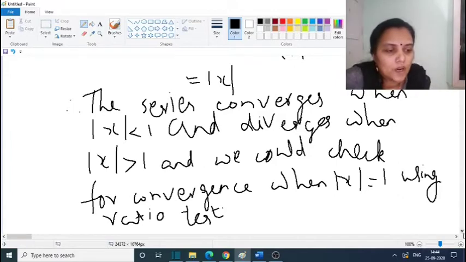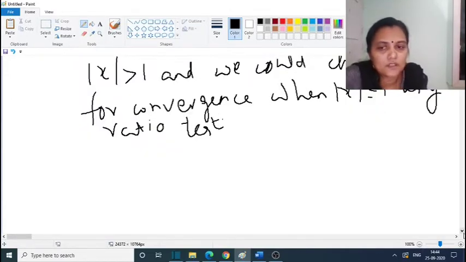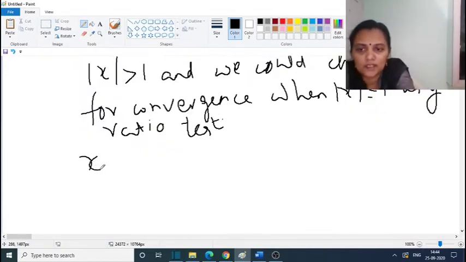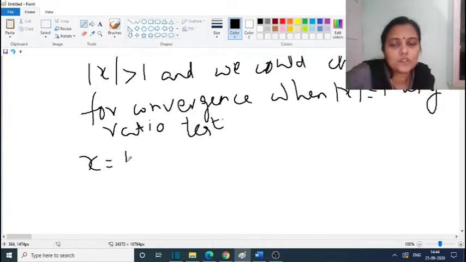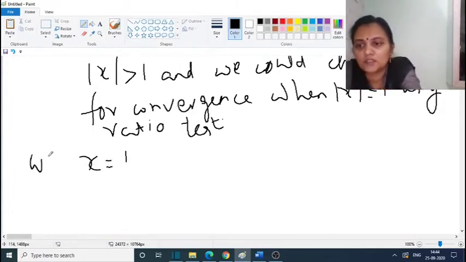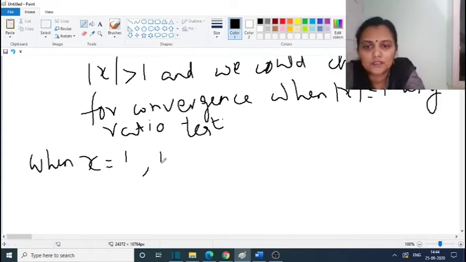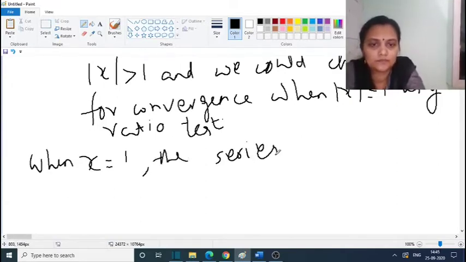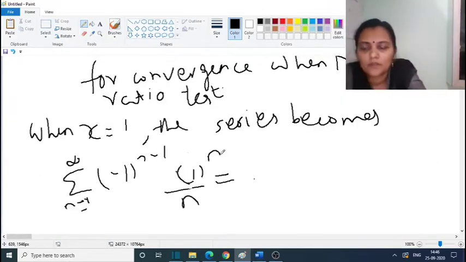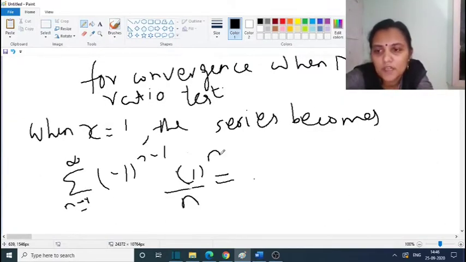Now we have mod x less than 1. So we can consider x equal to 1, mod x equal to 1. When x equal to 1, the series becomes sigma n equal to 1 to infinity (minus 1) raised to n minus 1, 1 raised to n by n.